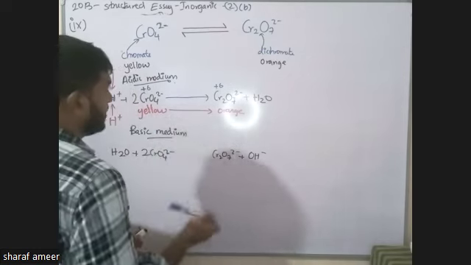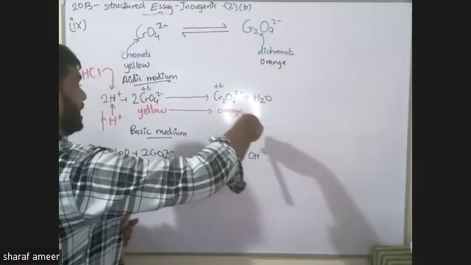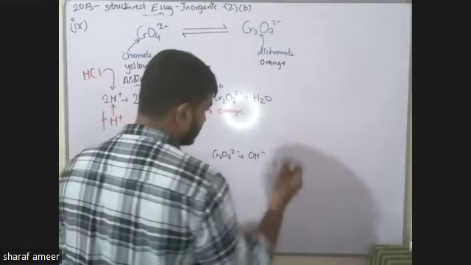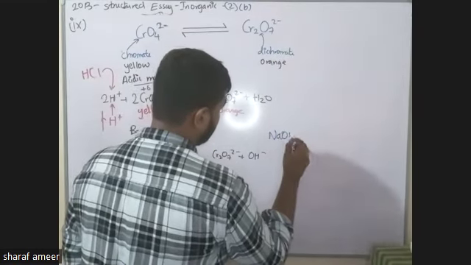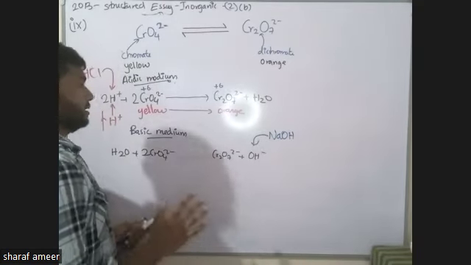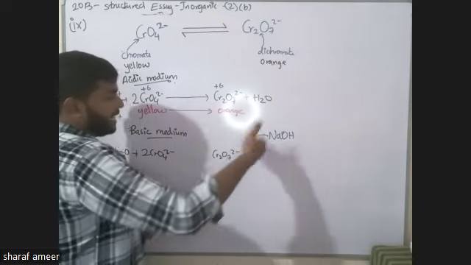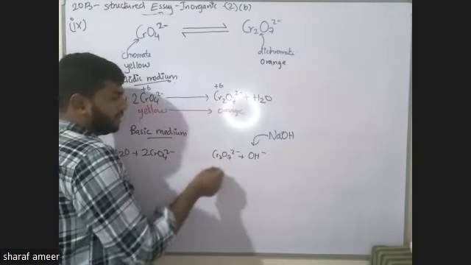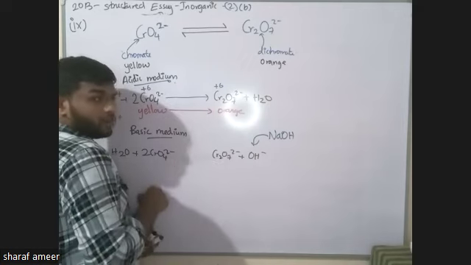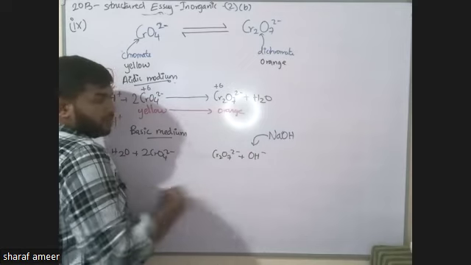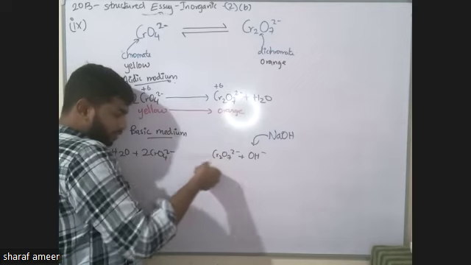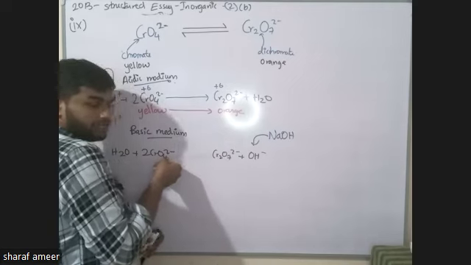What I'm going to do now is add some amount of OH minus. I'm going to add some base, let's say NaOH, to the solution. Once I add NaOH, the Cr2O7 2 minus tends to move towards the CrO4 2 minus.